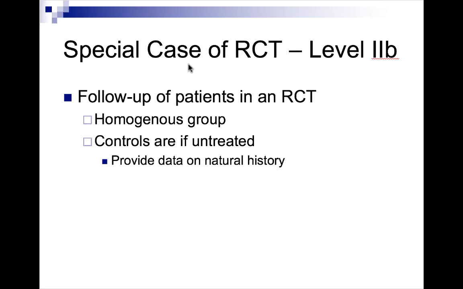And so then another type of 2B study was a follow-up of patients in a randomized controlled trial. And the main reason for this is that the inception points are not usually determined by the start of the disease, but most of the time people can come into the studies from different inception points, and that the groups are fairly homogeneous, and essentially they don't represent all comers, because an RCT by definition requires people to come in that only meet certain inclusion-exclusion criteria.